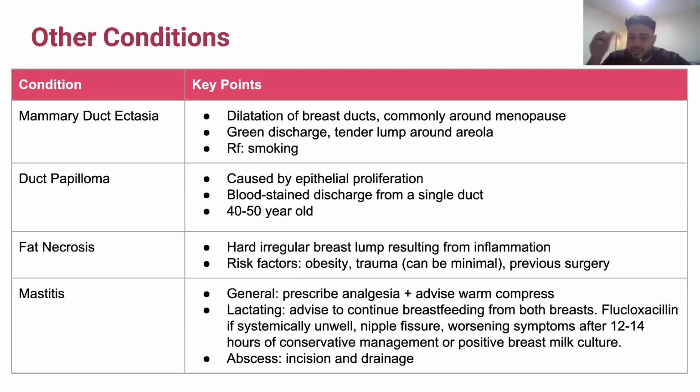If they're systemically unwell or there's signs of skin cracking and nipple fissuring, then you can give antibiotics such as flucloxacillin. Or, for example, if after 12 to 14 hours of conservative management, you can give flucloxacillin as well.